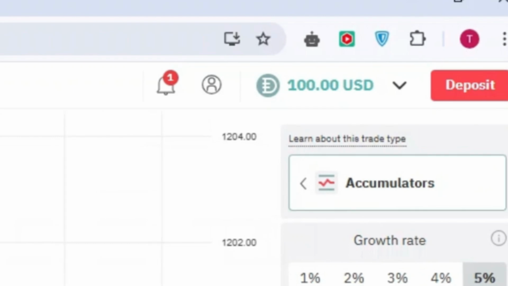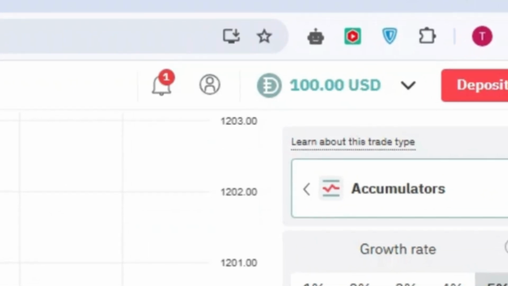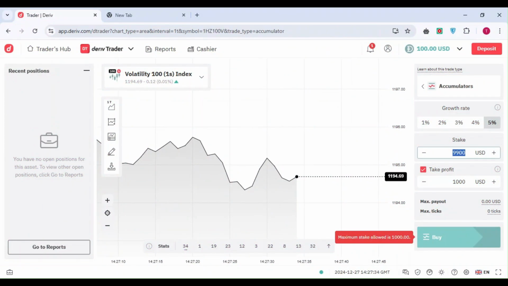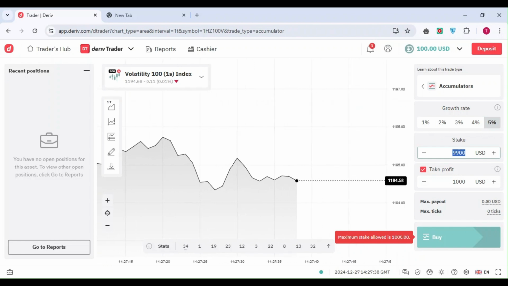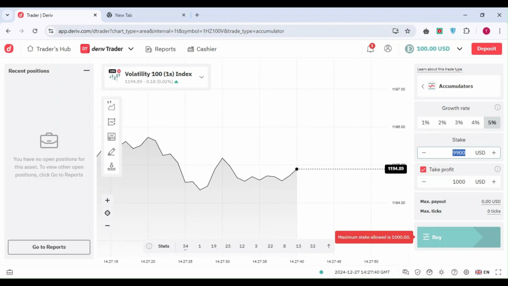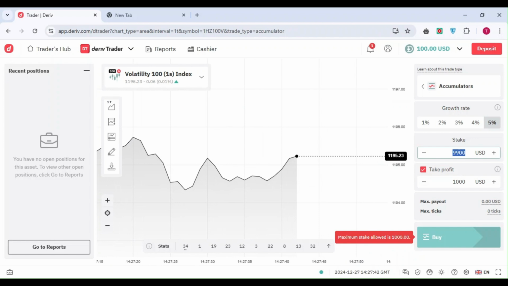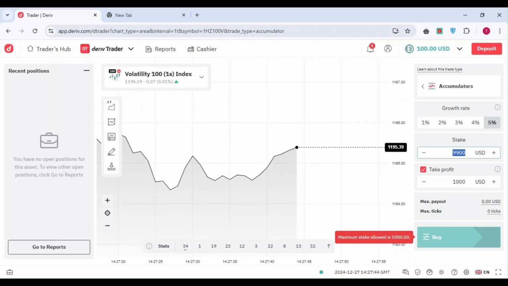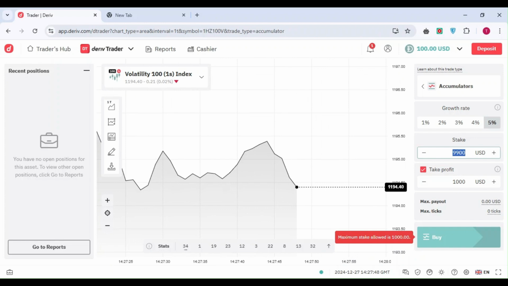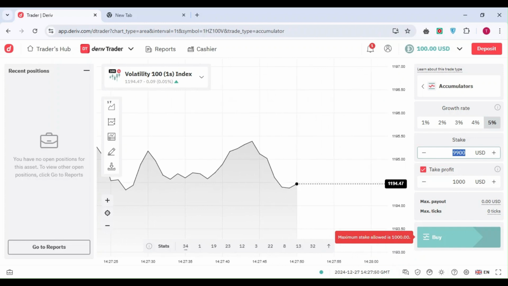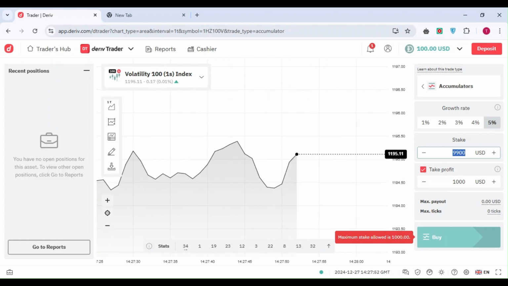Get back to accumulators. Now with 100 USD, here is where it gets interesting, because there are some of us who are much more risk averse, and there are some of us who like to take risks. That's all dependent on how much you're willing to lose. Understand that if you put the stake as $100, you might lose all of it within one tick.